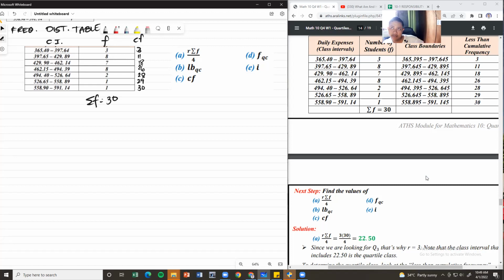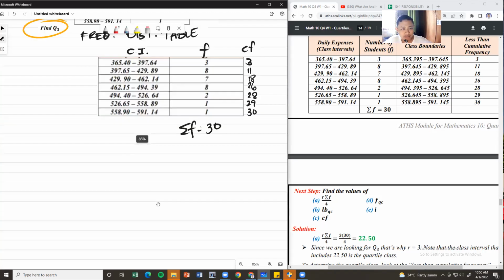So halimbawa kung whole number siya kanina, bawasan mo siya ng 0.5. Ito naman, dahil 2 decimal place na siya, madadagdagan dapat yung kanyang so dito minus 0.005 and then plus 0.005 naman siya. Okay, that will be our class boundaries. Sorry, we forgot to take note of that.